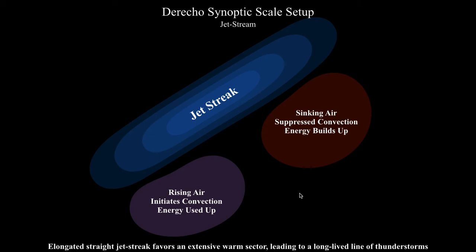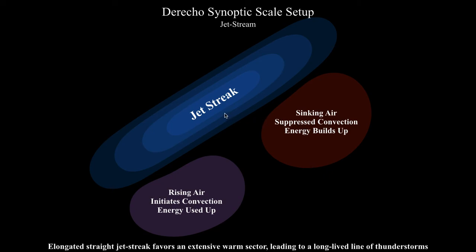The best way to accomplish that is an elongated straight jet streak, because in the right exit region of the jet streak, you've got sinking motion, which is going to be eliminating any clouds that might be in the sky. This area is just going to be continually subjected to intense heating from the sun, which is going to really prime the atmosphere for an intense damaging wind event as the thunderstorms approach this region.